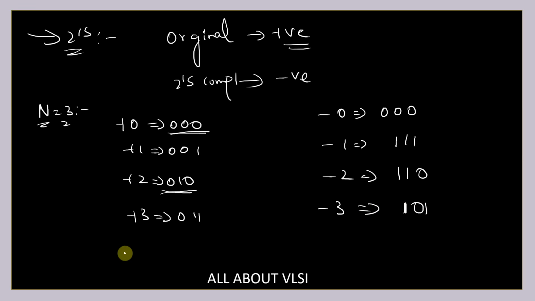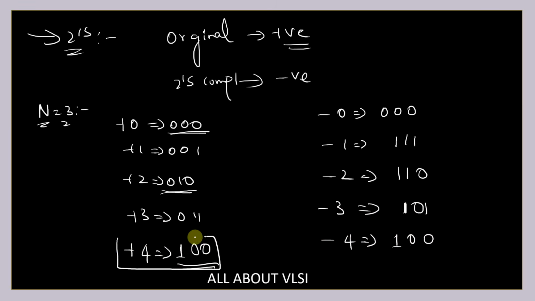Okay, and let's say suppose you want to write down +4, +4 is nothing but 1 0 0. Now coming to -4, it is the 2's complement of this, which is nothing but 1 0 0. So you cannot consider +4 since your MSB is equal to 1. This will be out of range, but -4 is valid.